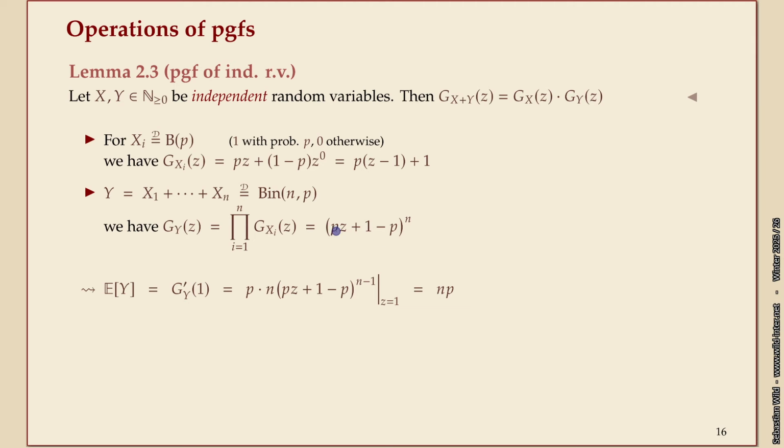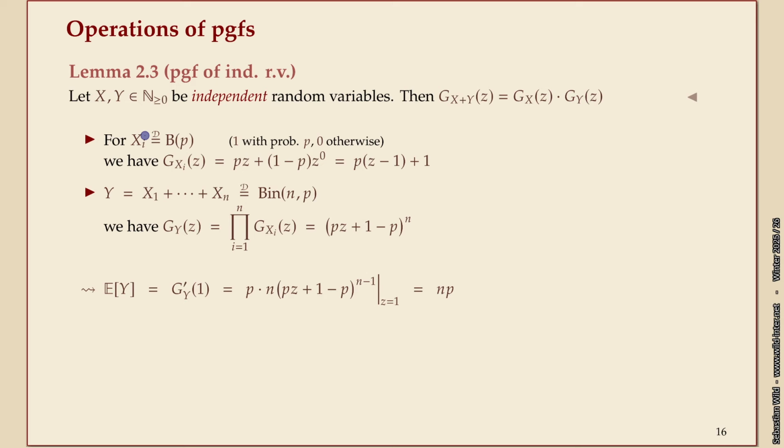So what you get is the inner derivative is p, and the outer derivative is the n, the power goes down, and then the inner with power n minus 1. If you set z to 1 in this one, you notice the p here and the minus p always cancel, and you get a 1 to some power, which just goes away. So n times p, as is obvious from the stochastic representation: the expected value of one of the x_i's is p, and we got the sum of n independent copies.